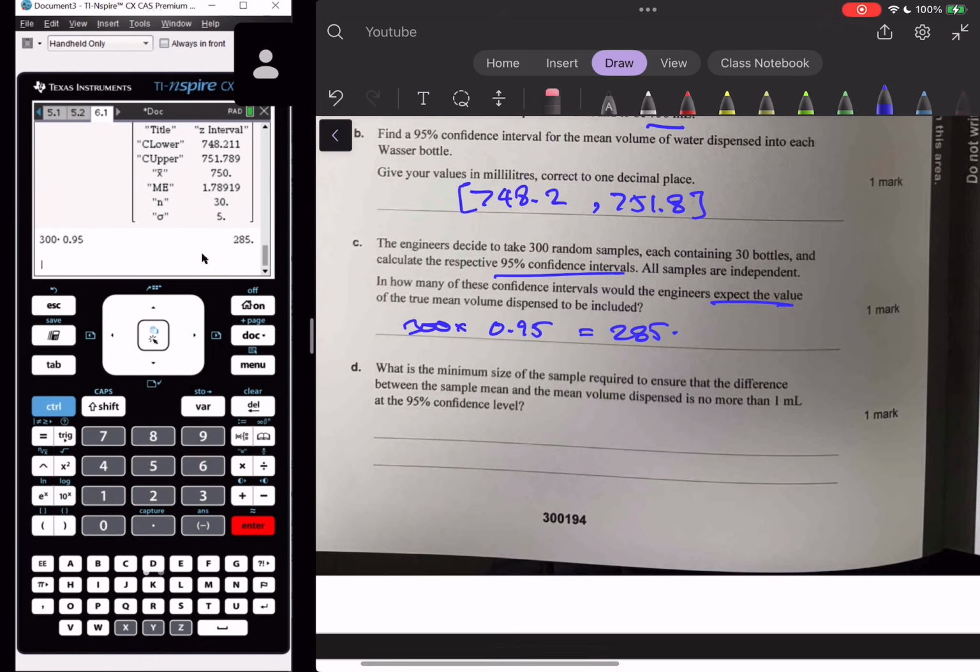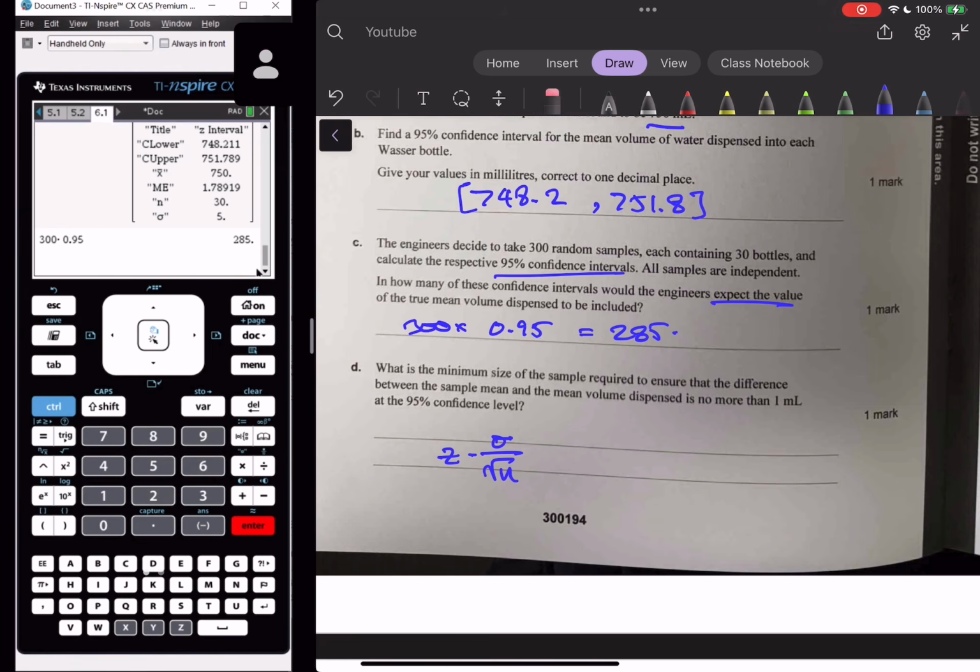What is the minimum size of sample required to ensure that the difference between the sample mean and the mean volume dispensed is no more than 1 milliliter? So what we can do is, well, this is just margin of error. So we want the margin of error. What's the formula for that? It's the z-score times sigma divided by square root of n.